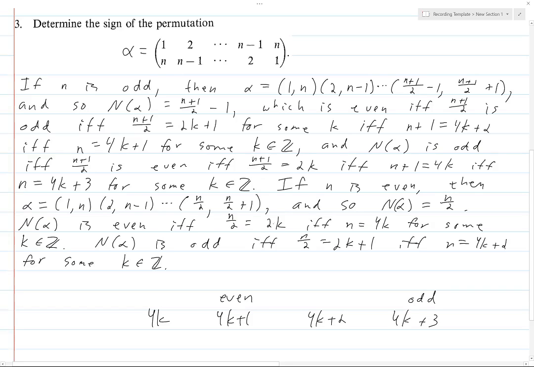Okay, so this is even, and then odd. I guess that's a little interesting because it goes even, even, then odd, odd. It doesn't switch back and forth between the two.